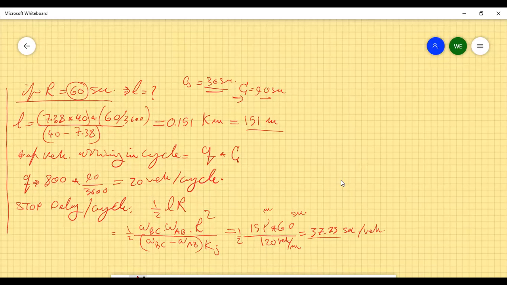Okay, so if we convert this into vehicles, 151 divided by 120, I'm sorry. We are doing something seriously wrong here.